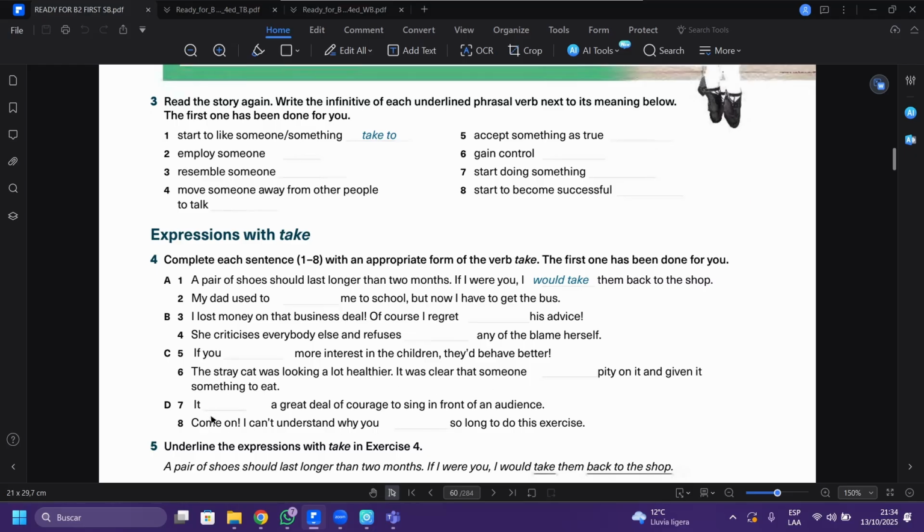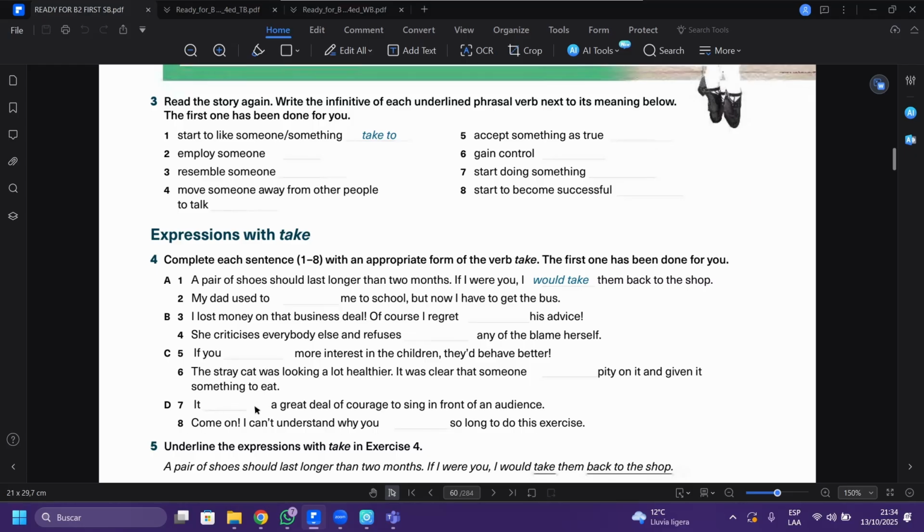Yeah. Number 7. It a great deal of courage to sing in front of an audience. I think maybe only it takes a great deal. Yeah, like that. Just like that. It takes a great deal of courage to sing in front of an audience.